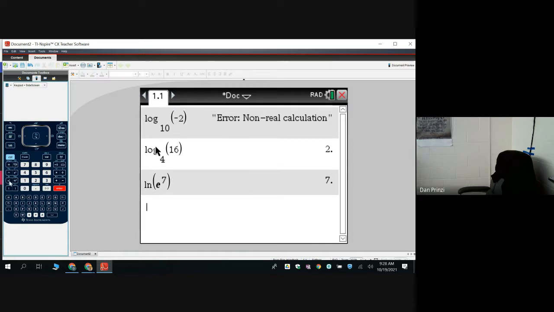Or if you did e raised to the natural log of 7, the e's and ln's kind of distinguished. Yeah, make sure you're okay. Was everyone okay where to find the e button on there before? The ln button's probably in the same spot or around close. They're always paired together.